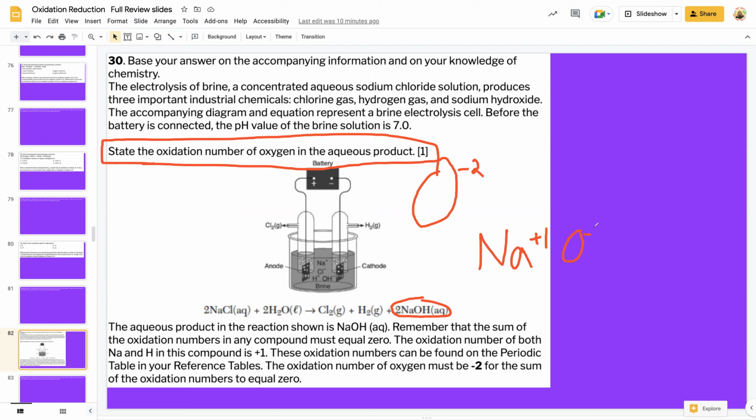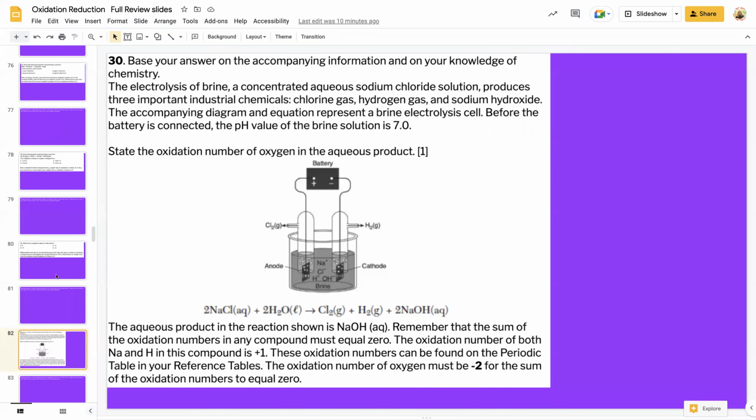Oxygen is always -2. And hydrogen, the first charge is positive, right? Let's do the math here to make sure we're not crazy. Does 1 plus -2 plus 1 equal 0? Yes, it does. So that is why the charge of oxygen is -2, and that's why it's +1 for sodium and +1 for hydrogen.